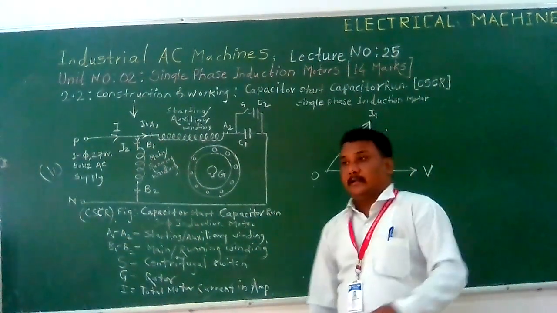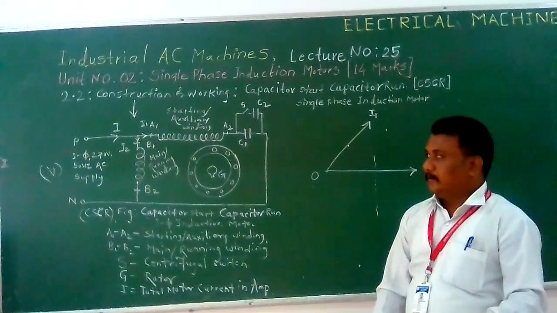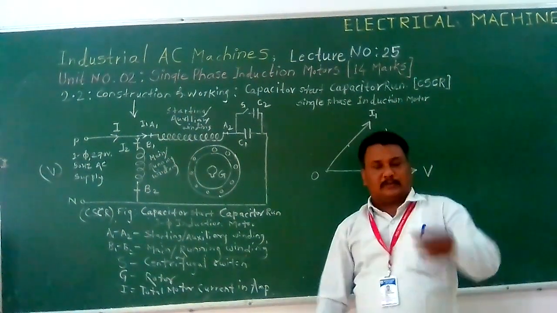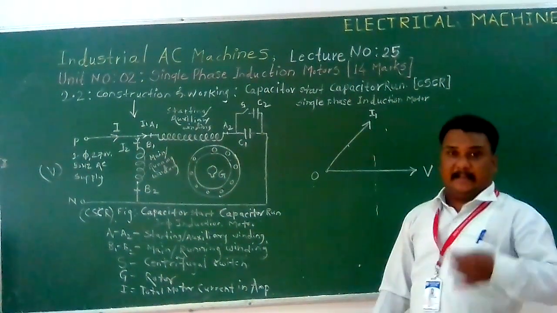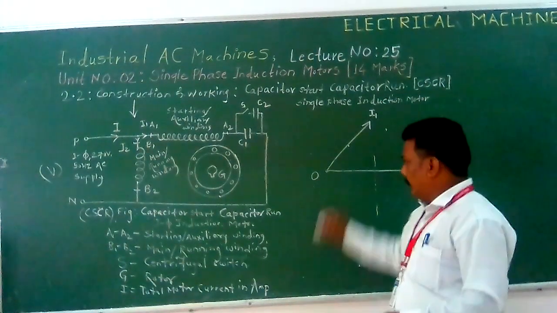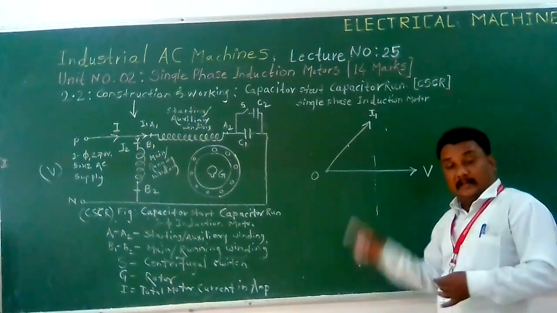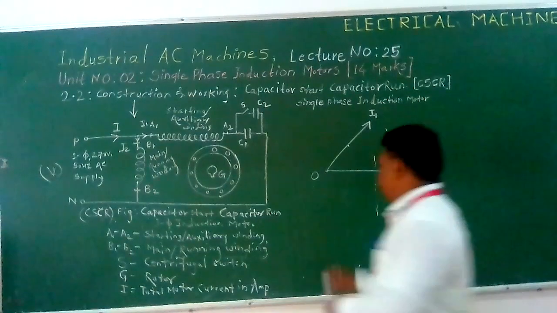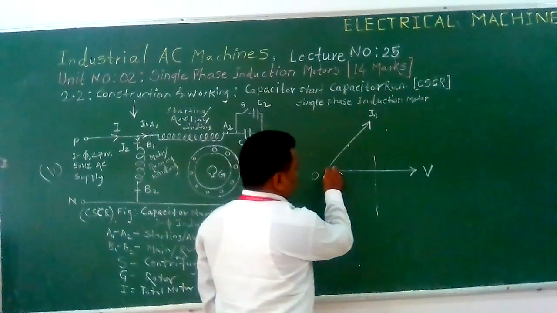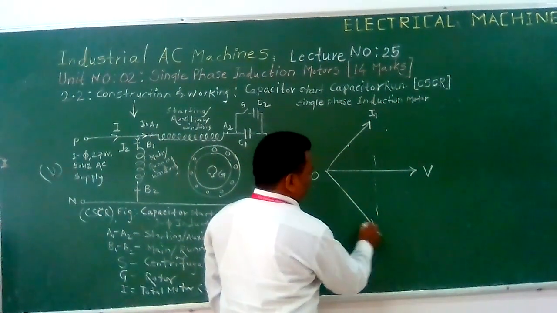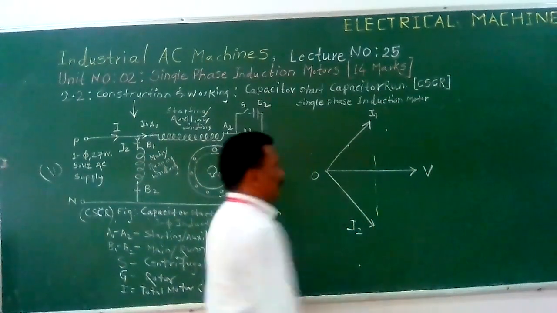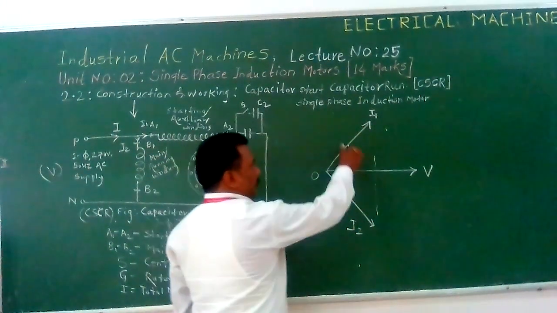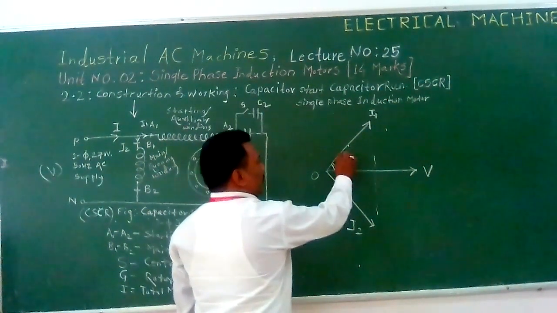Now after the switch is open, I2 begins to flow, and we know that it is highly inductive. So here I2 lags behind the supply voltage. This is I2. Now here the angle between V and I1 is phi 1.